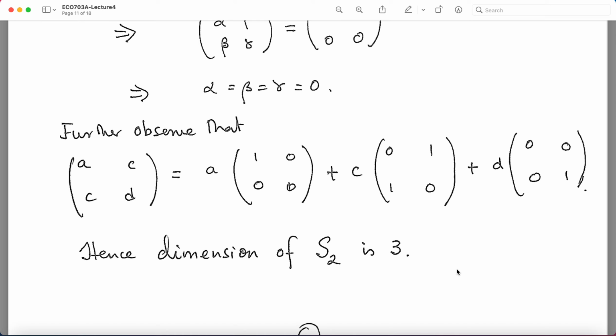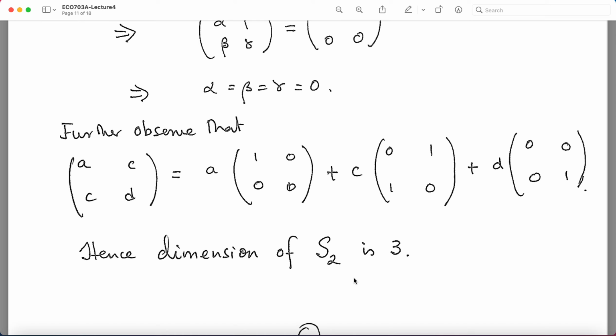It is amazing actually. This can be done in n dimensions also. You can talk about the vector space of n cross n matrices, and then about n cross n symmetric matrices. The space of n cross n matrices would have dimension n square, while S n, the space of n cross n symmetric matrices, will have dimension n into n plus 1 by 2, that you can figure out later.